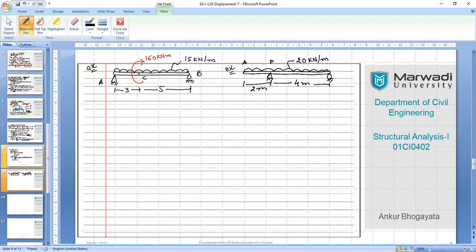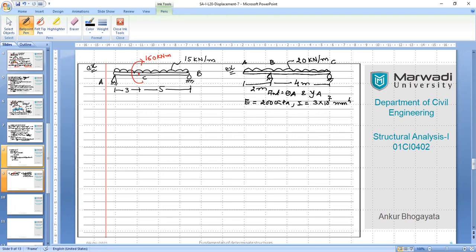A, B, and C. Now what we need here, in this case, is to find theta A and yA. I'll also supply E value as 200 gigapascal and I value as 3 into 10 raised to 7 mm raised to 4.